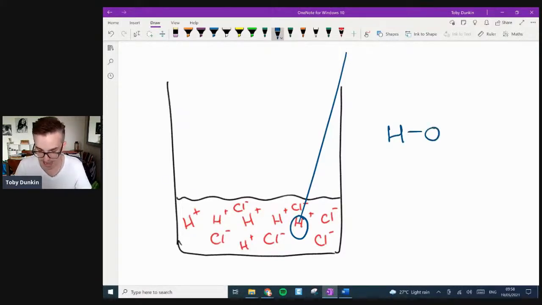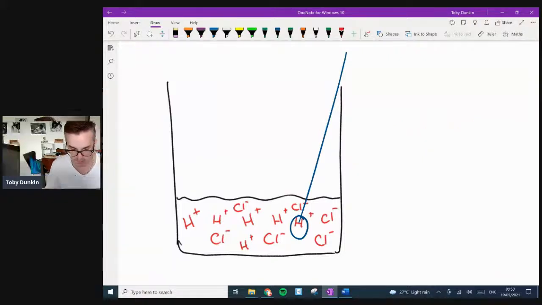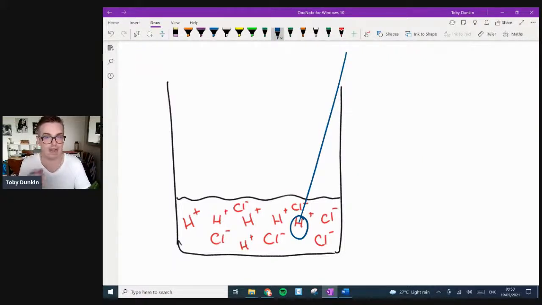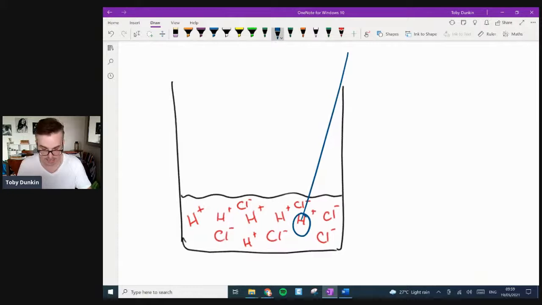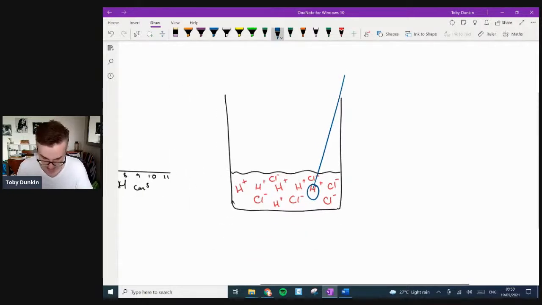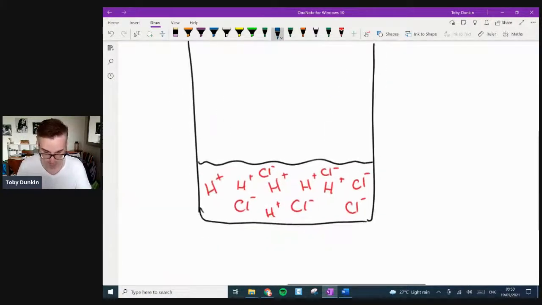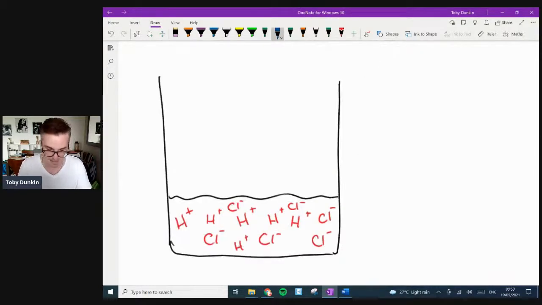This is beyond GCSE, folks. It's picking up the fact that you've formed an additional bond. That's actually what H plus is, but don't worry about it. You don't really need to know that. But it's detecting the H pluses using infrared light. So everyone would agree, at the start, the probe is detecting 6 H pluses. Let's just call that pH 1.